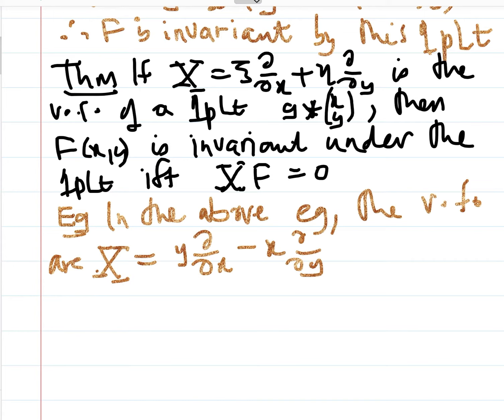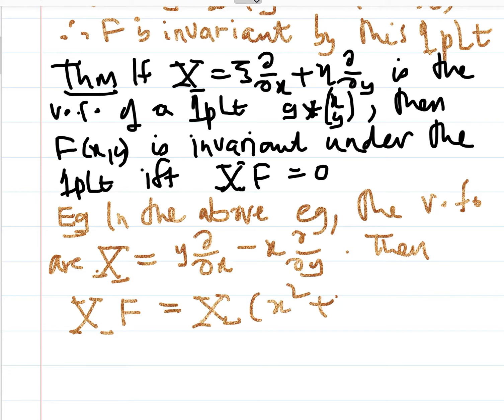So this is the vector field corresponding to the one parameter Lie group of transformation above. Then the vector field X on the function f above, x squared plus y squared, and now we treat the d/dx, d/dy as your classic partial derivatives.